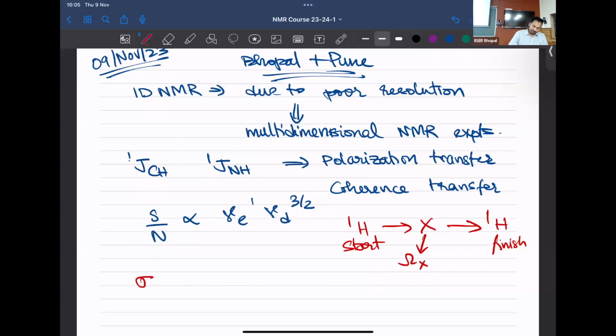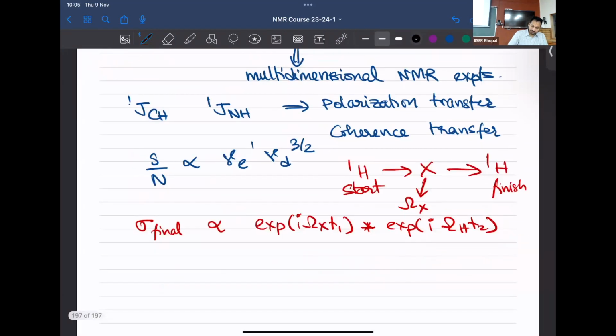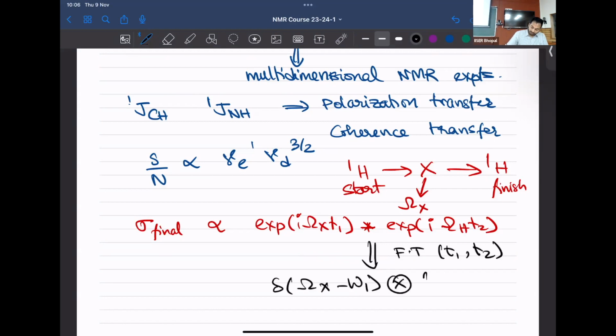This way, our final density matrix will be of the form exp(i omega_X t1) times exp(i omega_H t2). This is a simple 2D experiment I'm demonstrating, which when you Fourier transform across t1 and t2, you're going to get a delta function at omega_X convoluted by a delta function at the respective proton chemical shift.